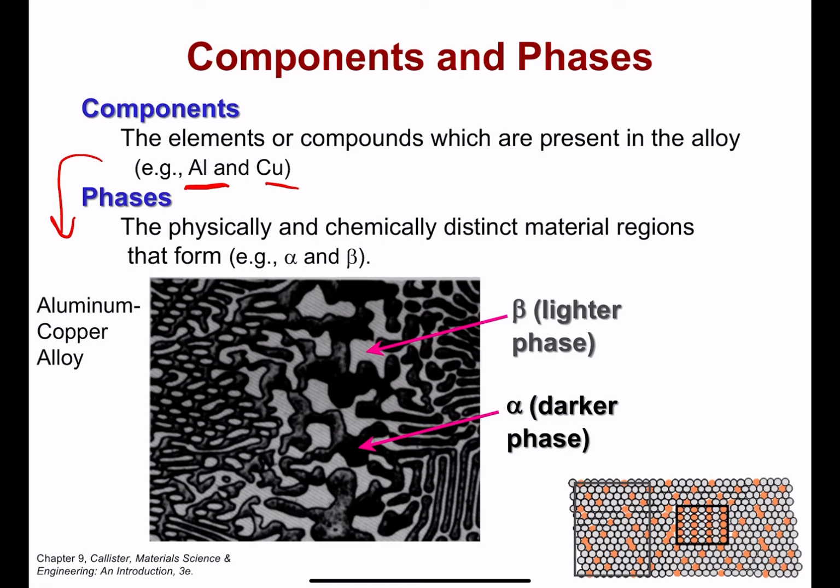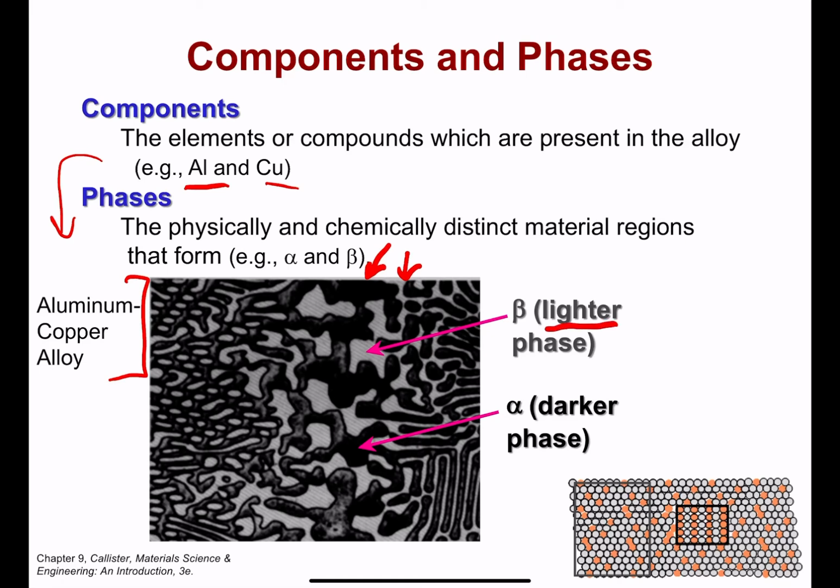Okay, and what are phases? Phases are physically and chemically distinct material regions that form. Physically means they're located in different locations, like we see black areas separated from gray areas. And chemically means they have a different arrangement in the packing of atoms or the bonding of those atoms. So in this diagram, an electron micrograph of aluminum and copper, we see that 2 phases exist.